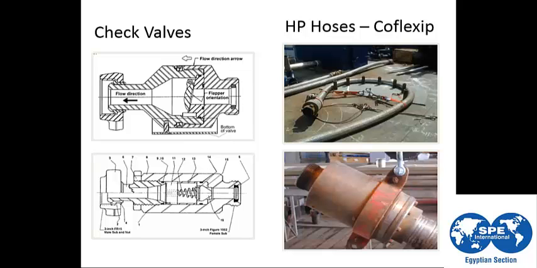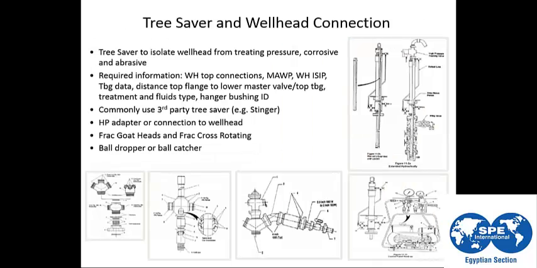If this pressure is vented directly or suddenly, it will result in rapid flow back of the proppant to the wellbore. So to avoid this situation, we use check valves.